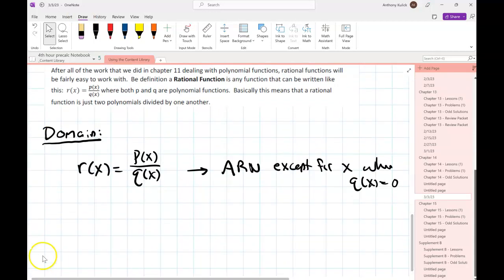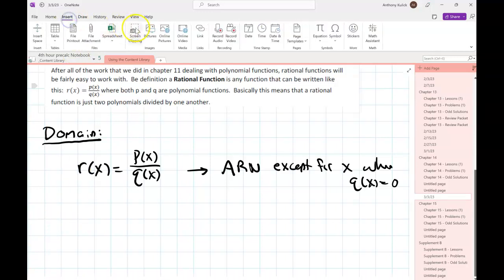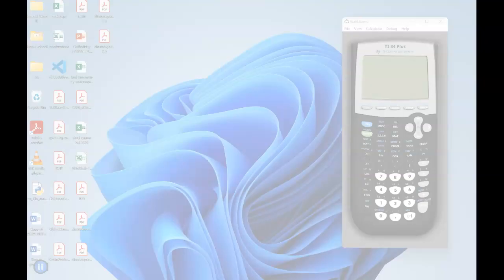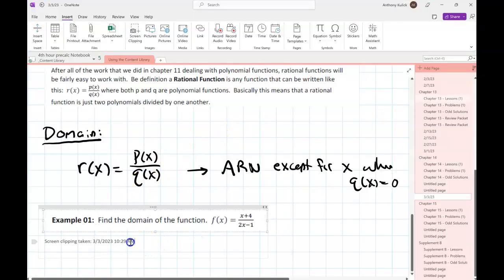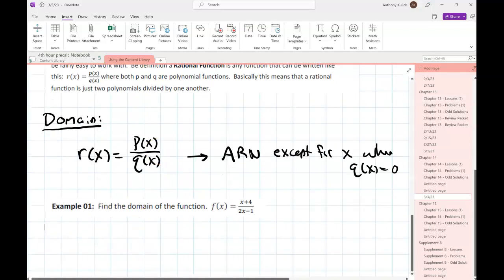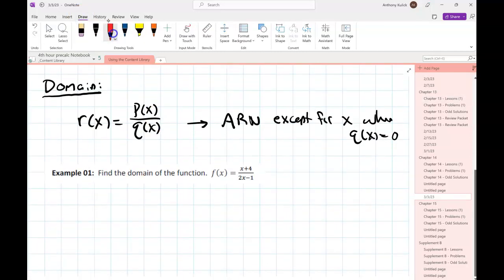So let's do a couple of specific examples just to hammer this idea home. First thing I'd want to do is check to make sure that the function I'm looking at is a rational function. I have x plus 4 divided by 2x minus 1.